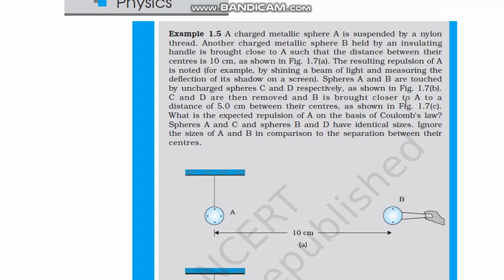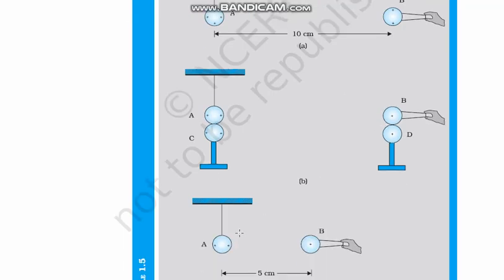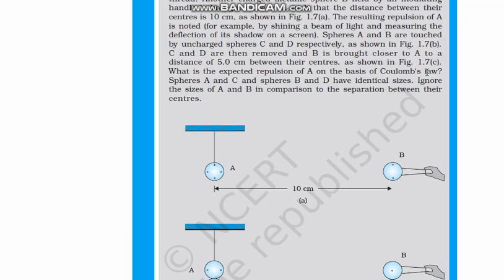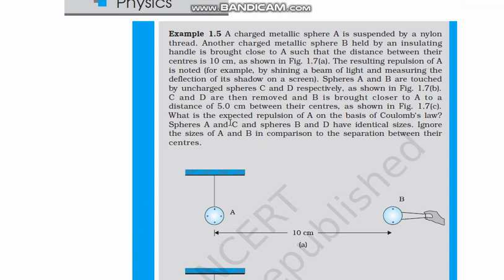C and D are then removed. These C and D are removed once touched. After that, B is brought closer.